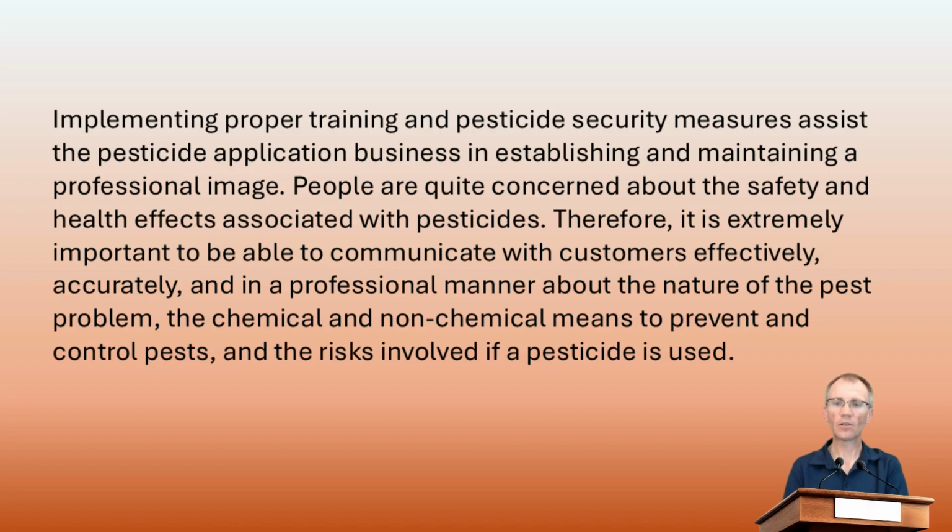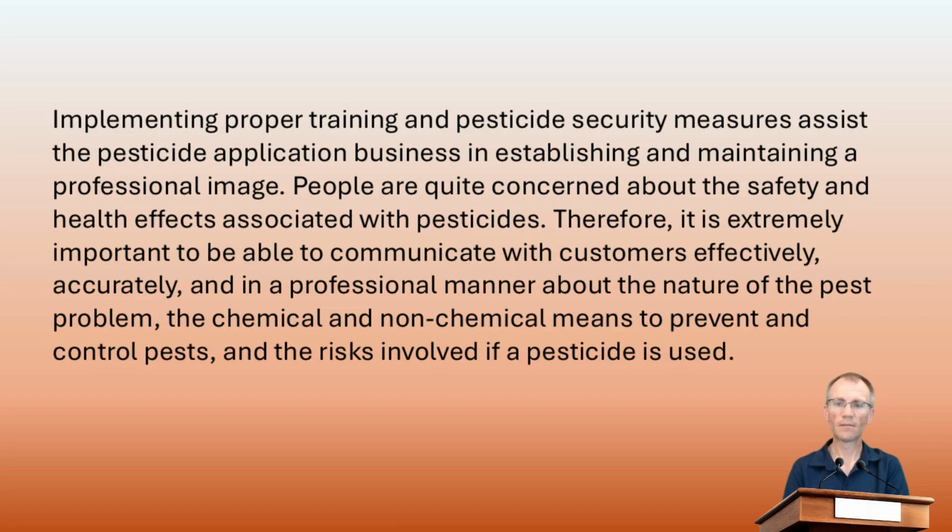People are quite concerned about the safety and health effects associated with pesticides. Therefore, it is extremely important to be able to communicate with customers effectively, accurately, and in a professional manner about the nature of the pest problem, the chemical and non-chemical means to prevent and control pests, and the risk involved if a pesticide is used.